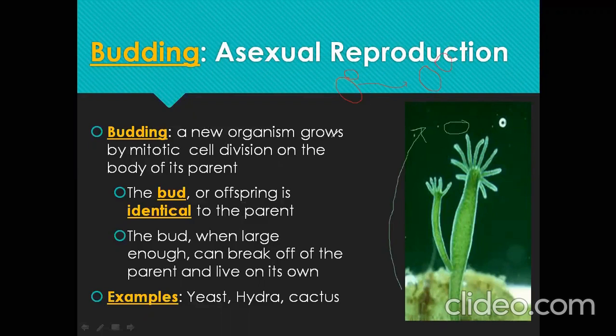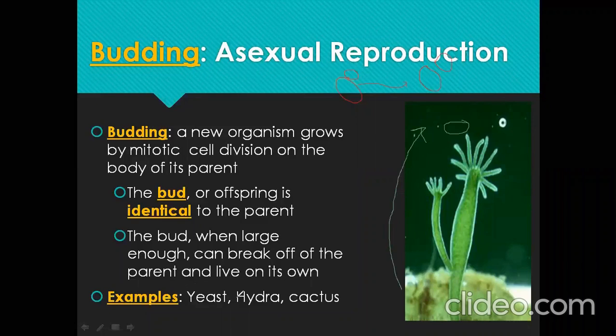In budding, a new organism grows by mitotic cell division, right? Here mitotic cell division happens, and as a result a new individual forms. The bud offspring is identical to the parent. Why? Because the process of mitosis happens. The bud, when large enough, can break off from the parent and live on its own.